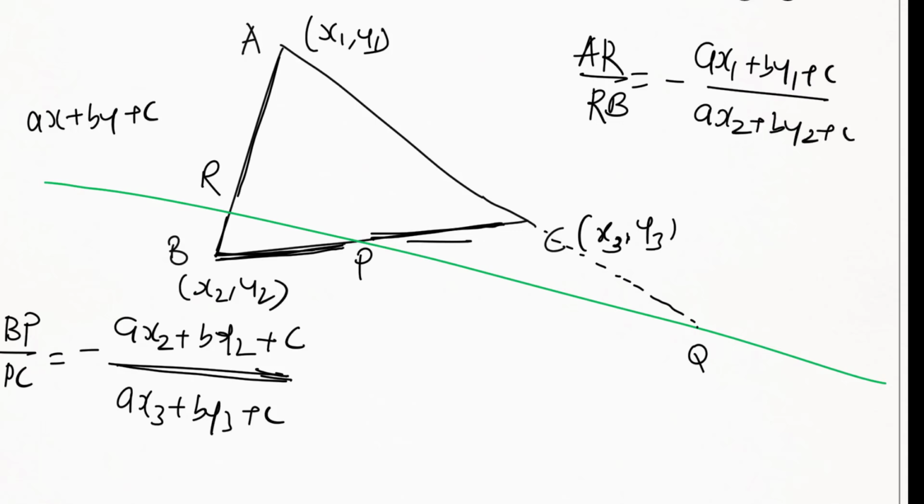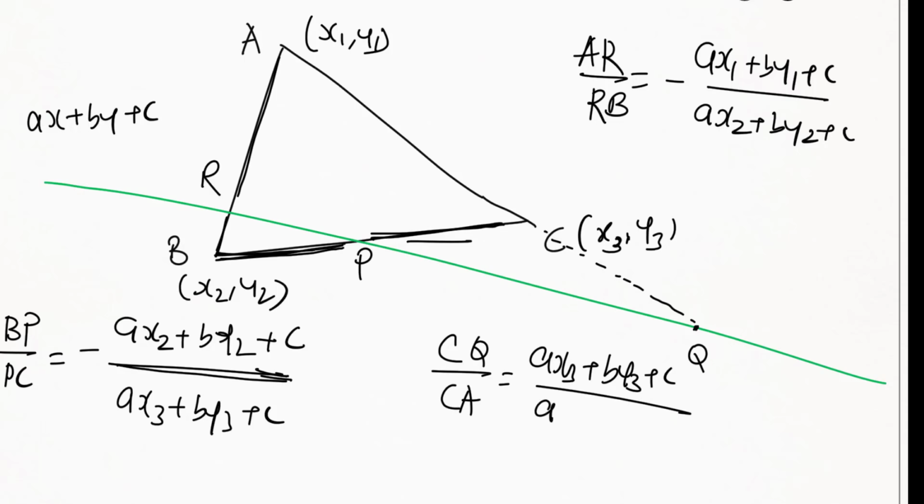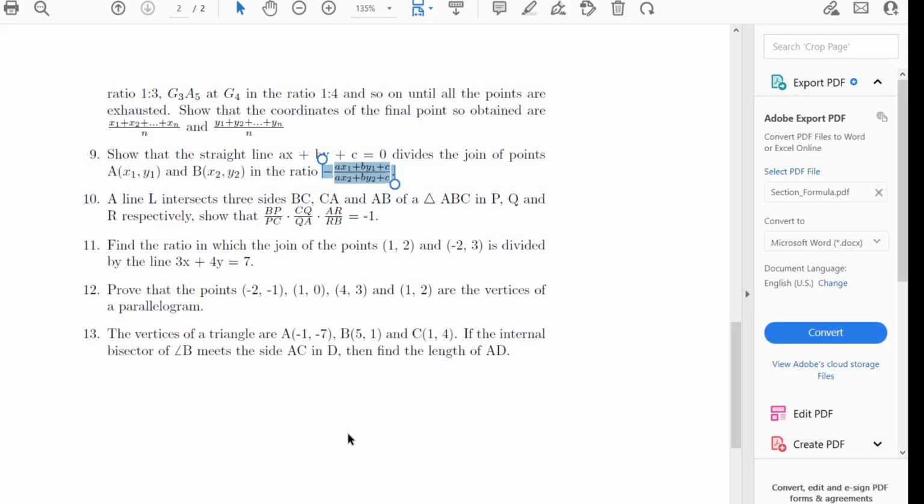And this is dividing externally, going outside, but that doesn't matter, it's a generic result. CQ over CA will be (ax3 plus by3 plus c) over (ax1 plus by1 plus c). And the signs are all negative.